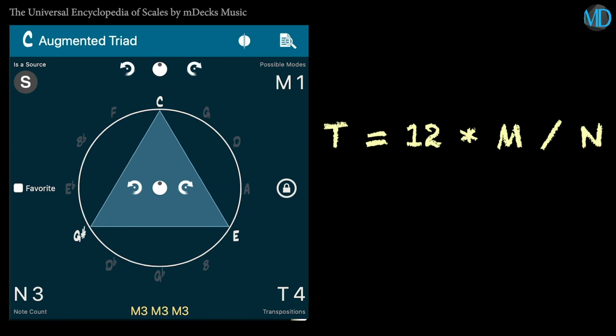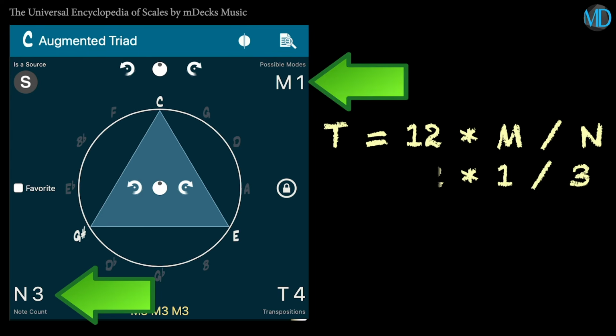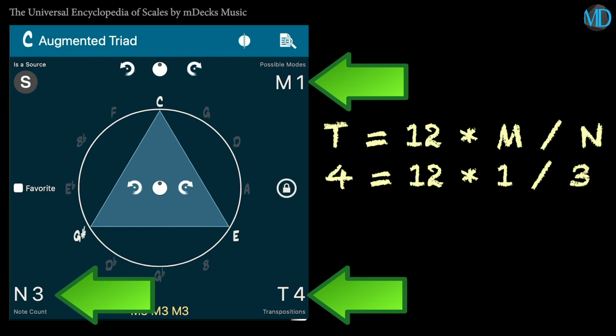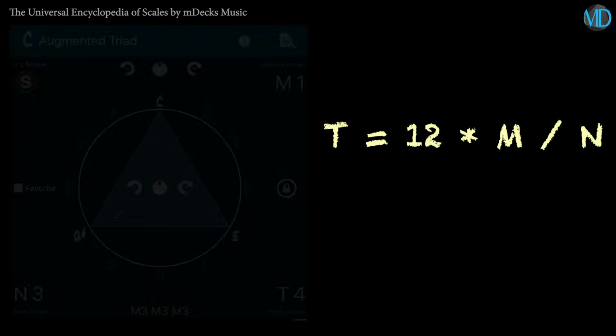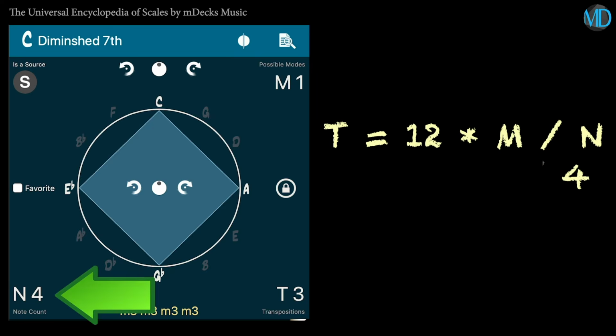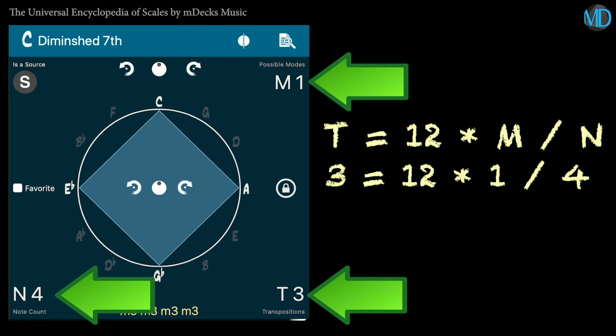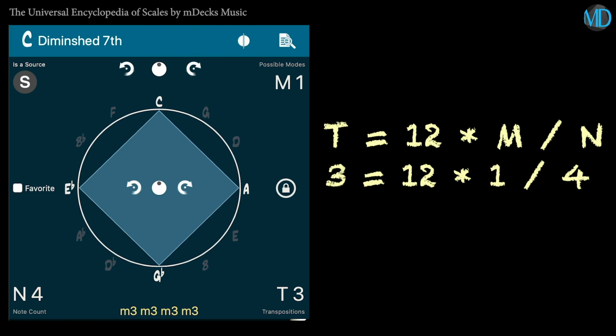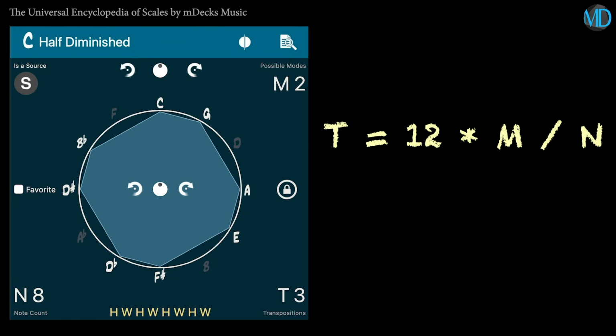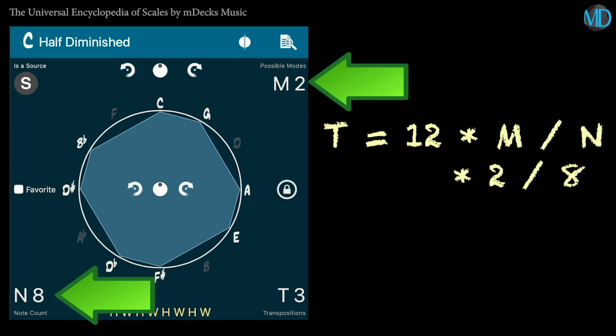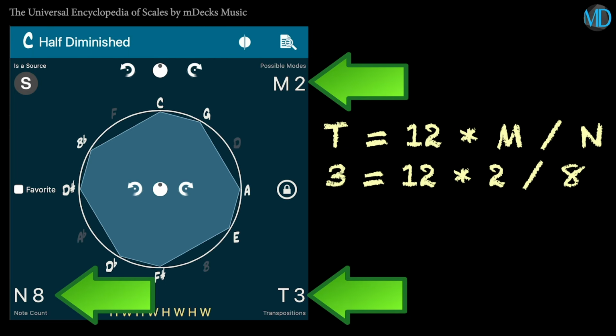So the augmented triads with 3 notes and only 1 mode will yield 4 possible transpositions. The diminished 7th with 4 notes and only 1 mode can only be transposed to 3 different keys. The half diminished scale, or the half whole scale, has 8 notes but only 2 modes. Therefore, it can only be transposed to 3 different keys.